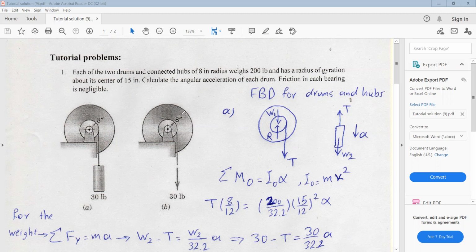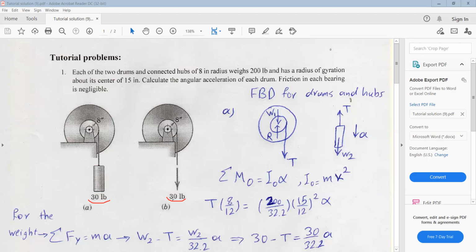Here we have two pulleys which are connected to a cable. This cable in case A is attached with a 30-pound mass. In the second case, in case B, instead of that pound, we have a tension of 30 pounds.